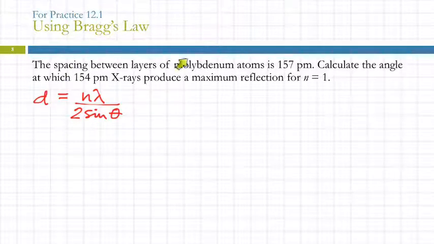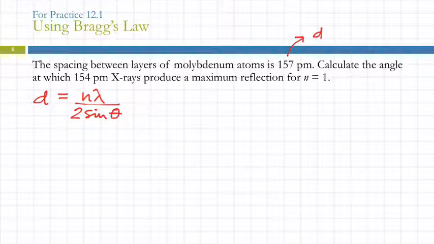So they're giving us some numbers in this problem. The spacing between layers is 157 picometers. What variable is that? Wavelength? It's not the wavelength. It's d. d is the distance between the layers. So we'd be finding theta.